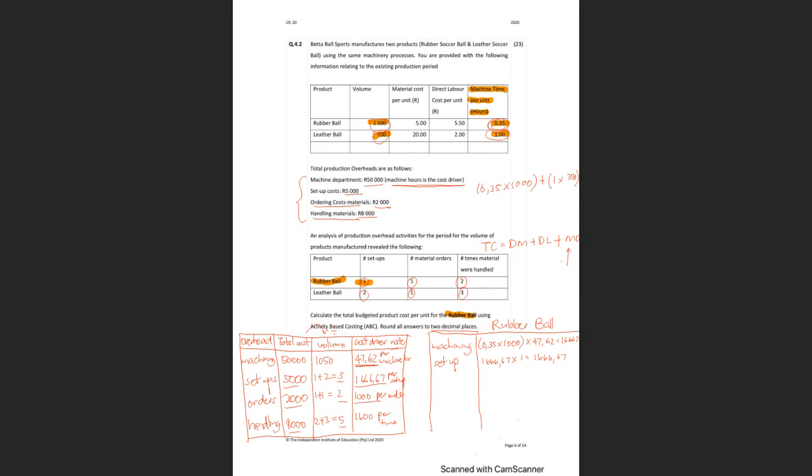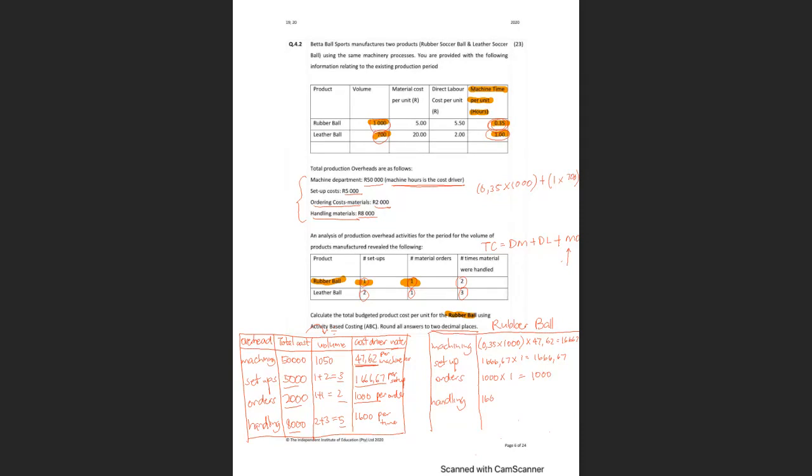Then your orders, it's 1,000 Rand per order. And again, product rubber ball requires only one order. So it is going to be 1,000 times 1, which is 1,000. And your last one is handling, which is 1,600.